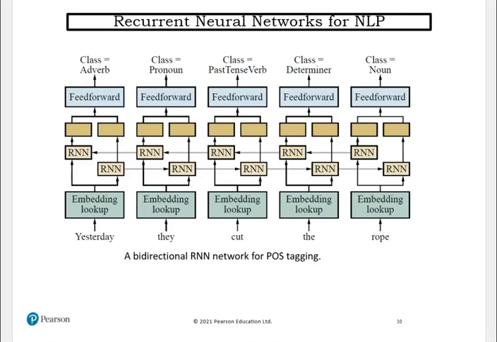You can see that it has one model going from left to right and one model going from right to left, and they both feed into the current hidden layer to make the probability distribution over the different parts of speech.